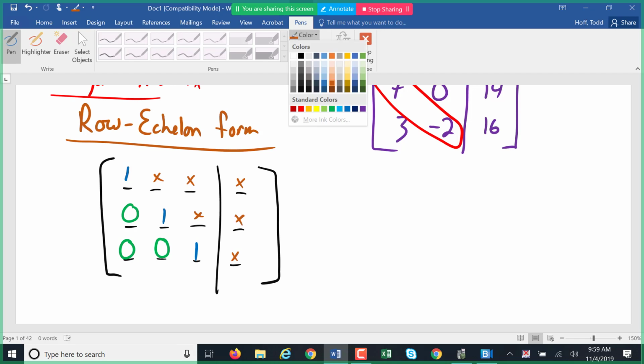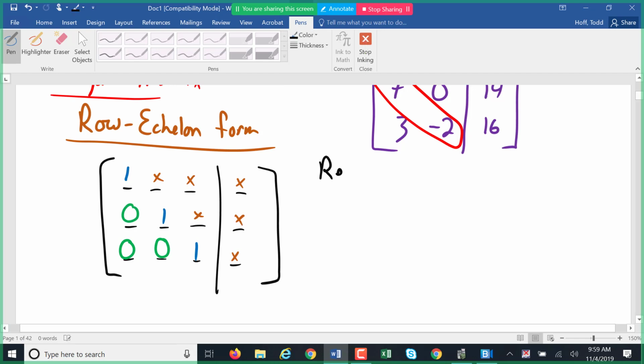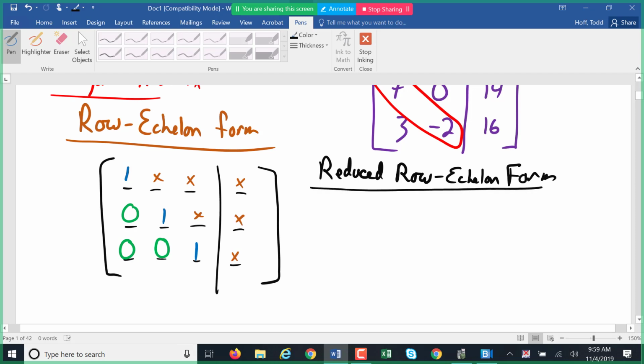Now there's also something called reduced row echelon form. Reduced row echelon form is actually more useful. If you have a graphing calculator, it is one of your matrix options. It's RREF, reduced row echelon form.